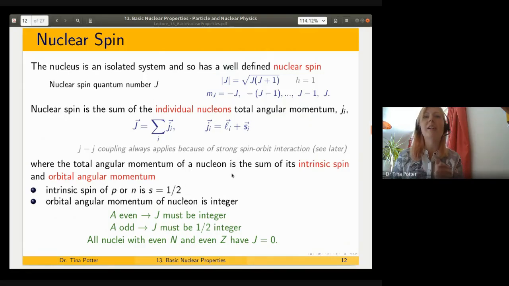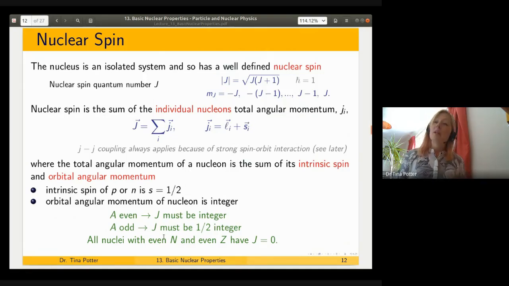So if we have an even number of protons and neutrons, we know that this total spin is going to have to be an integer, because our total spin here will also be an integer and our orbital angular momentum will be an integer. If we've got an odd number of nucleons, then this is going to be a half integer, because this is always an integer and that's a half integer.